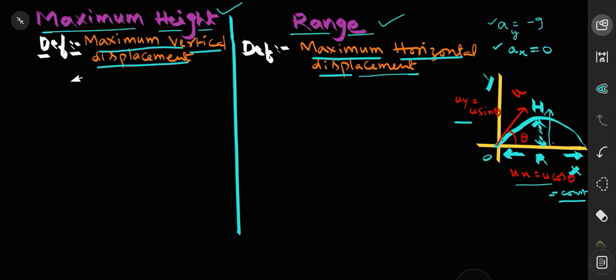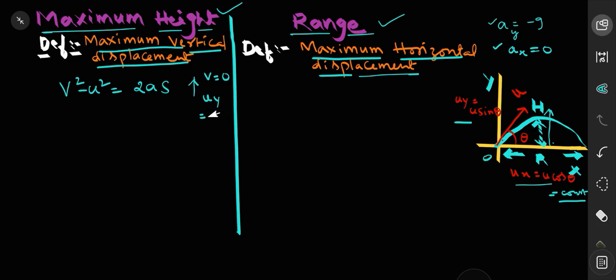Let us take the equations of motion. v square minus u square is equal to 2as. In a vertical motion, that is along the y direction, there exists some initial velocity uy and the final velocity v becomes 0.